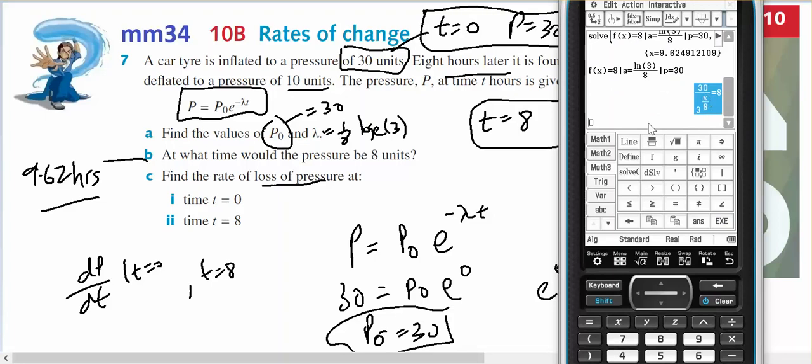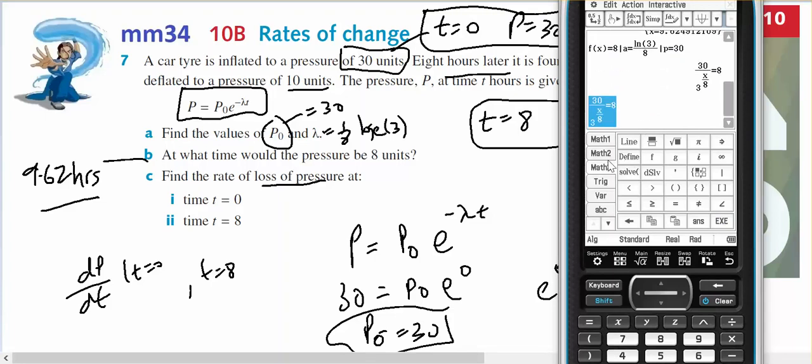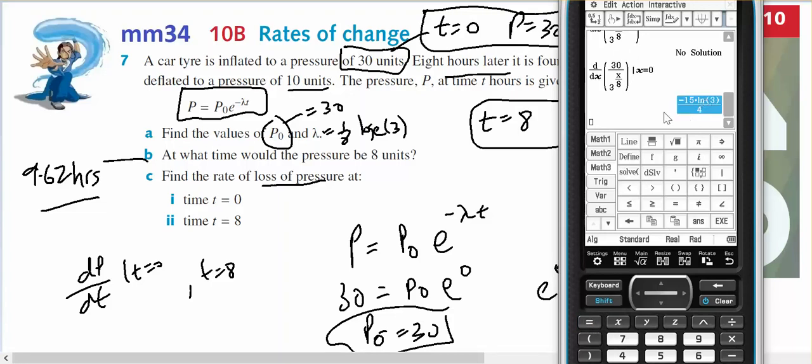I'm going to take that answer and take its derivative, x equals 0. And that gives me that value, which is negative 4.1. And I'm also wanting to know when x equals 8, what the rate will be. And I get that decimal answer.